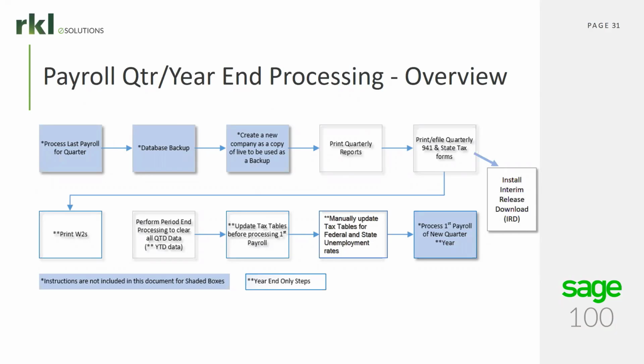The first task is to process the last payroll for the year, to perform a full database backup, to then create a new company as a copy of the live company, print your quarterly reports, print or electronically file your 941 and state tax forms, install your interim release download, IRD, print your W-2 forms, perform period end processing, update your tax tables, manually update any federal and state unemployment rates in your tax tables, and then you're ready to process the first payroll of the new year.